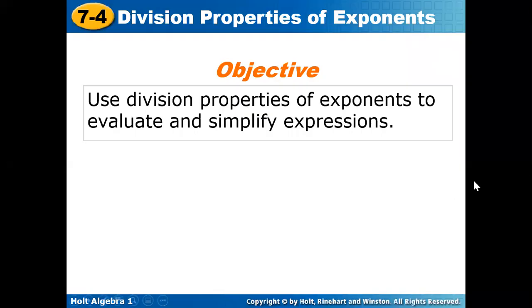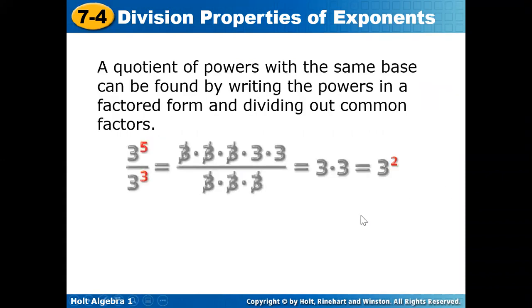Now, along the same lines as multiplication is division. It's the same thing. So in this case, when you have 3 to the 5th divided by 3 to the 3rd, because you're dividing, you are going to end up subtracting. Because if you write them out fully, 3 to the 5th is the same as 3 times 3 times 3 times 3 times 3, divided by 3 to the 3rd, which is the same as 3 times 3 times 3. 3 of those 3's cancel out, so you end up with just the 2 3's left.